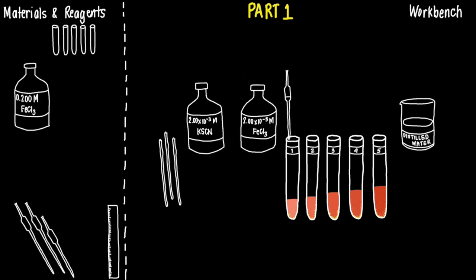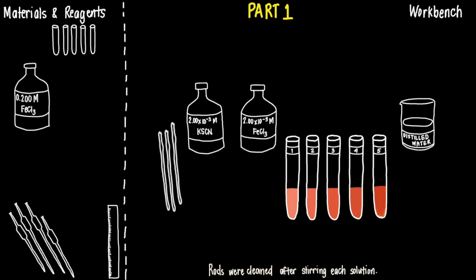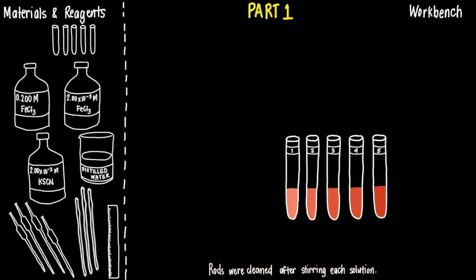Then pipette the proper number of milliliters of distilled water into each test tube to bring the total volume in each tube to 10 milliliters. Mix each solution thoroughly with a clean glass stirring rod. Before we proceed, fill in the table of volumes in your laboratory journal.